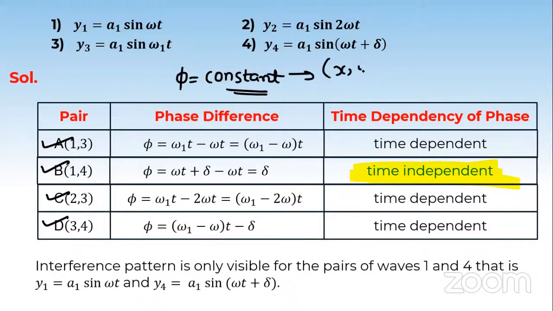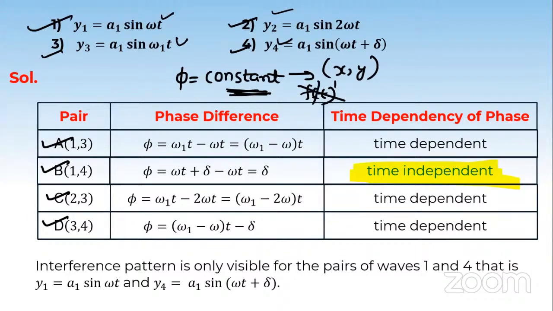I'm writing XY, where X can be 1, 2, 3 or 4, and Y can be 1, 2, 3 or 4. The pairs are 1-2, 1-3, 1-4, 2-3, 3-4. If it comes out constant, it means it's not a function of time.